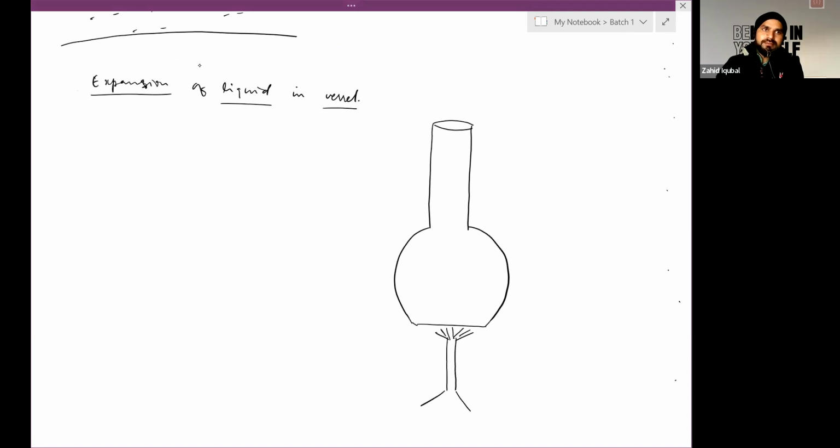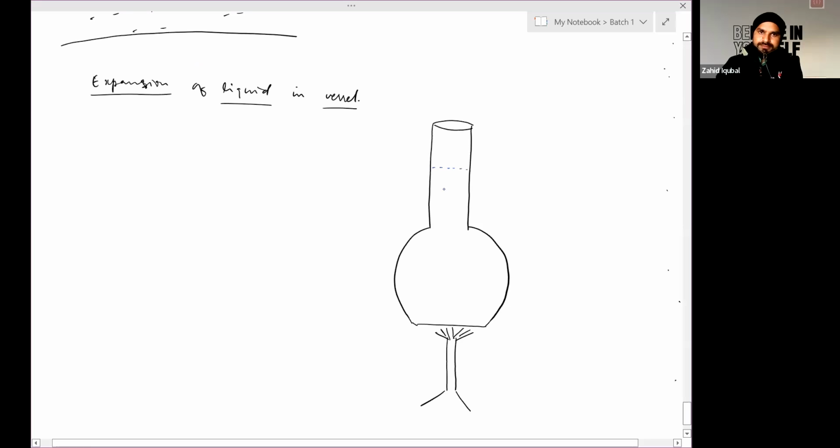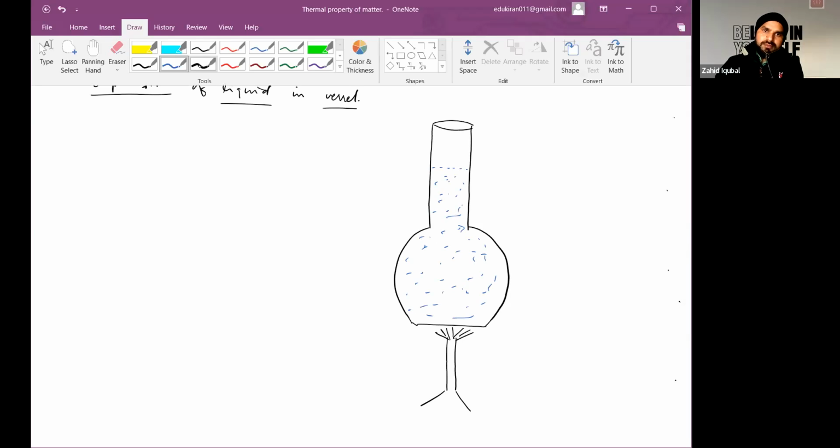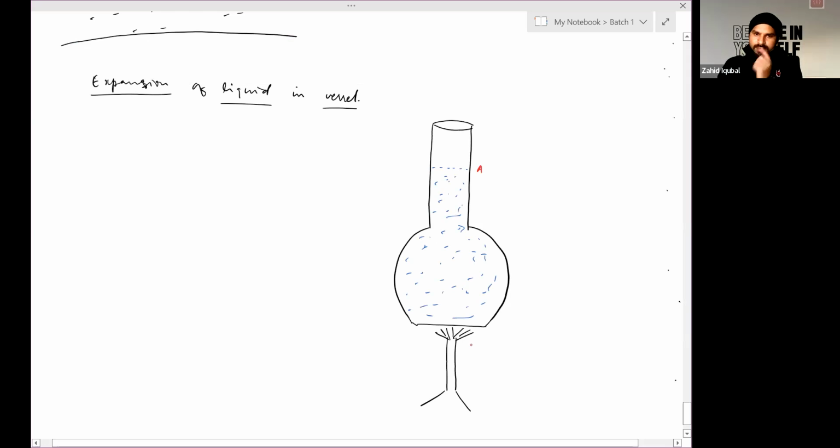And let's say liquid is filled up to this point. So you'll be asked, let's say this is level A. What will happen to the level of liquid on initial heating?